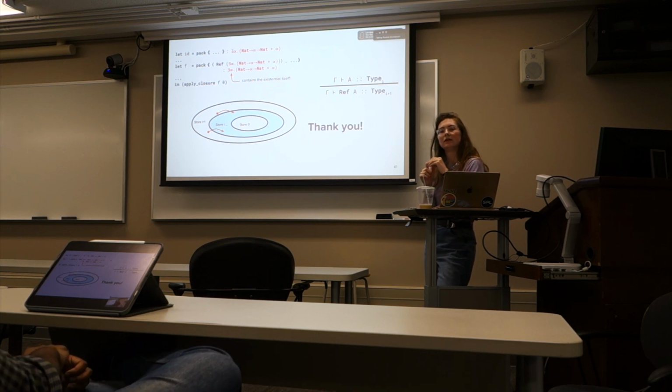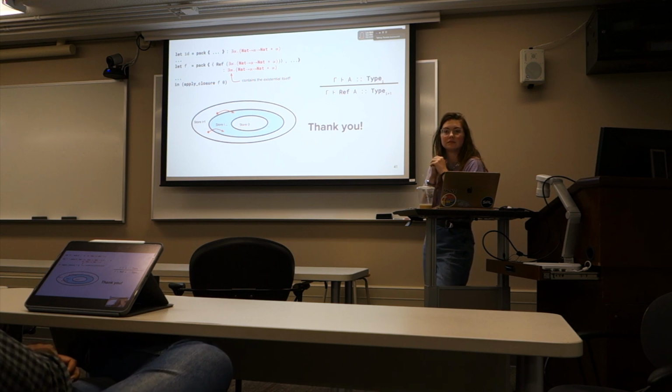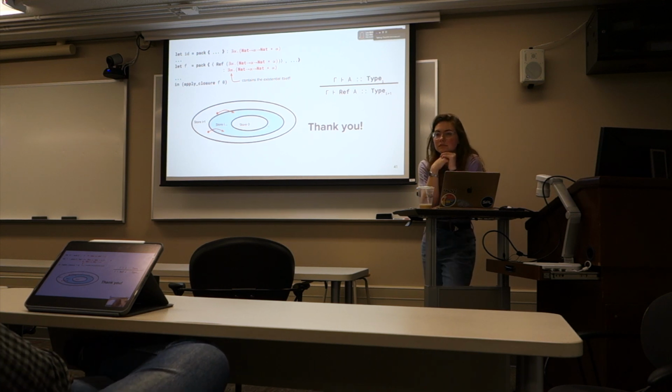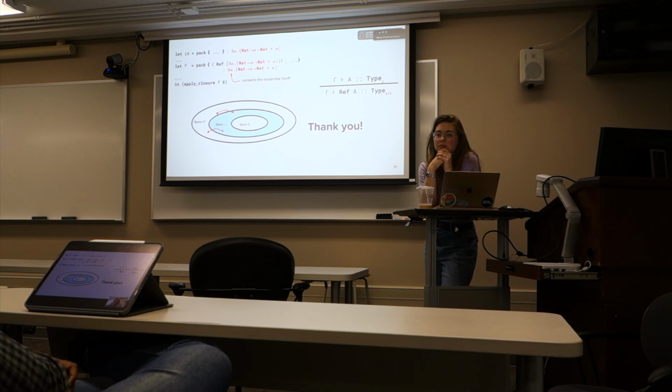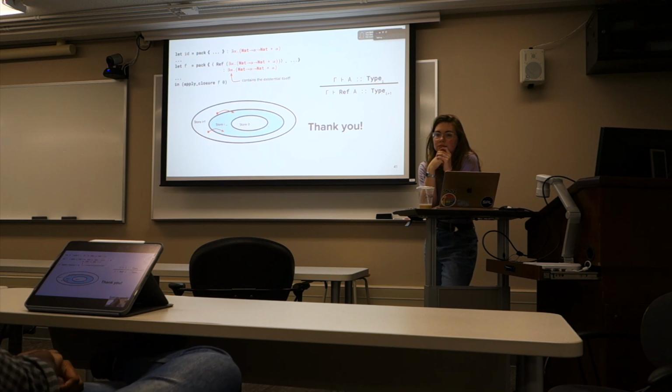You mentioned in the talk that putting the kind index on the function types is actually too strong, like the restriction is too strong. Do you have an example which is rejected in that design, but is accepted in your current design?